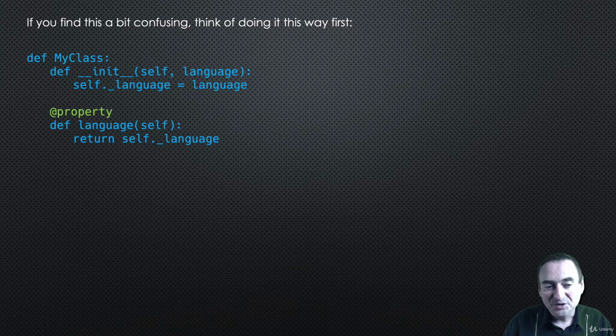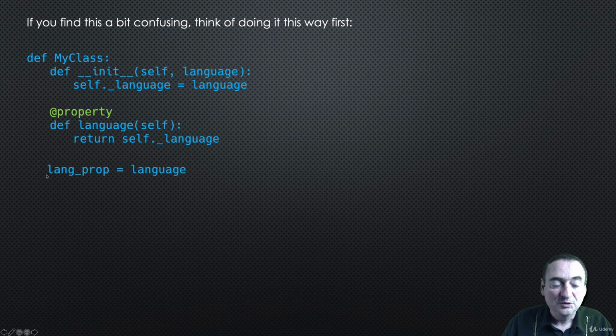But another way that we could look at it is doing it this way, is really breaking things up into their individual components. So let's start by creating a property called language. And here I'm defining the get method, right? When I use this @property, it means create a property object, pass language as the argument to that object, and then reassign whatever that property instance is to the symbol language in my class.